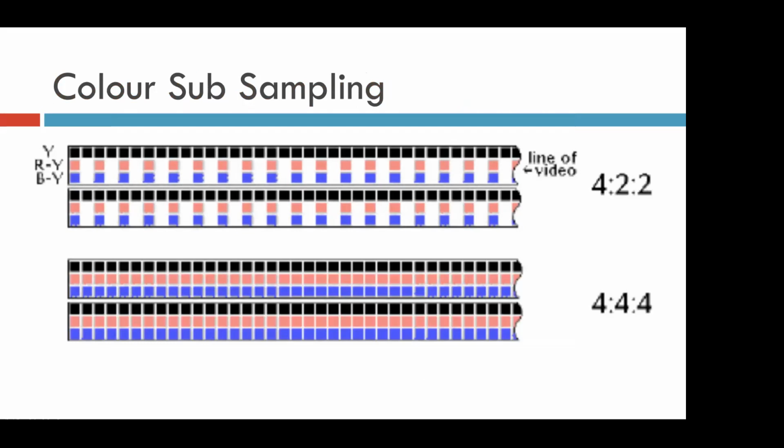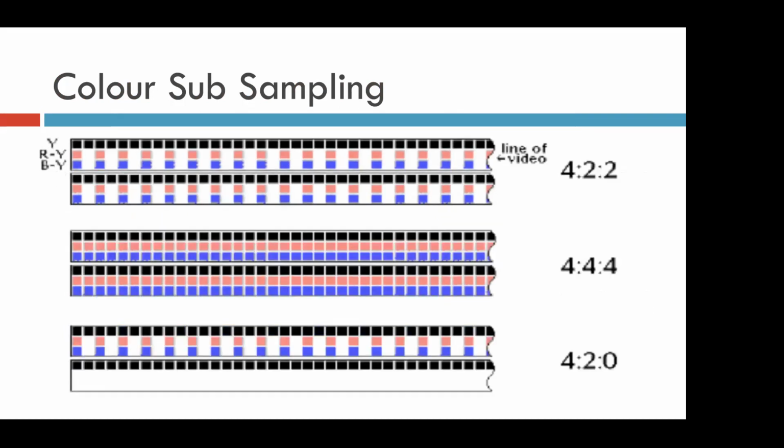And then 444, every row, every pixel, right? So there's no subsampling going on with 444. That is full color, okay? This is your ideal. 444 is your ideal, and we move towards this. We started with 420, we went to 422. We're hoping that we can eventually start recording things at 444, but practically speaking, we're still not there.